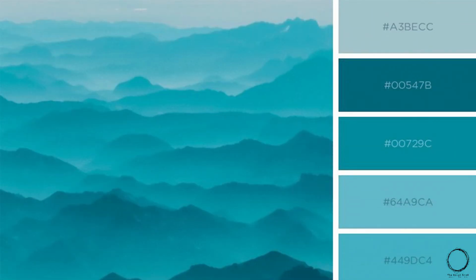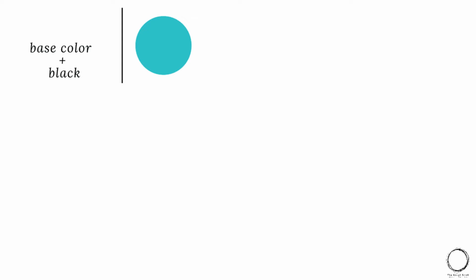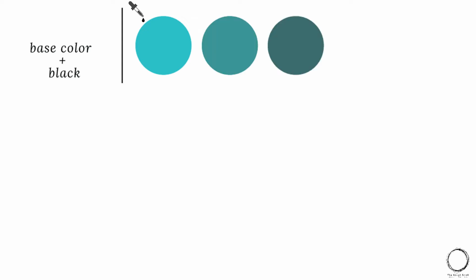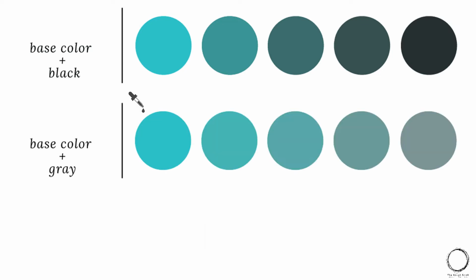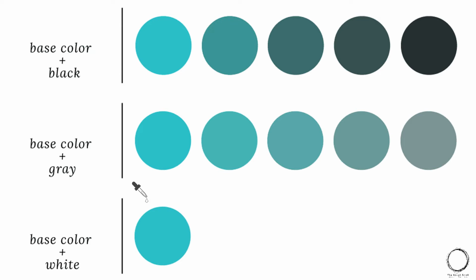For example, this is a tertiary color and these are the shades achieved by the addition of the neutral colors. For further understanding, this is how there is a base color and the addition of black gives us different tones leading to the darkest shade, while a base color plus grey further leads us to the color grey, and the base color plus white further leads to pastel tints.